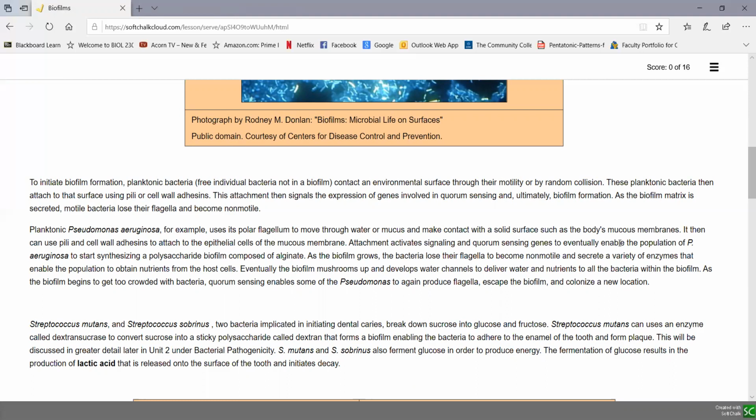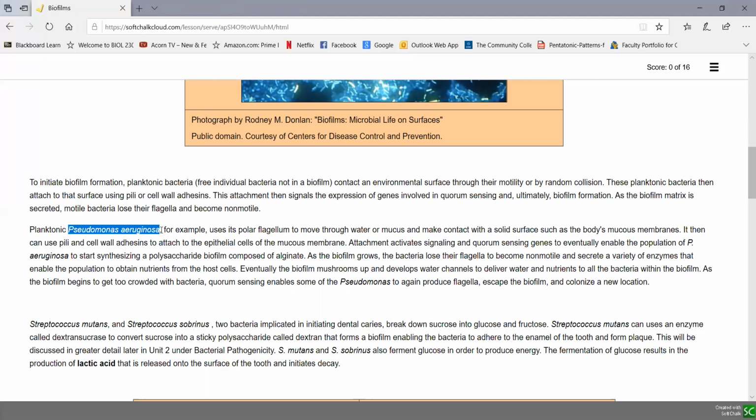Now we're going to learn more about the biofilm formation when we get to quorum sensing in Unit 2. And these couple paragraphs here talk about Pseudomonas aeruginosa, which we'll use as an example of a bacterium with quorum sensing later on. We're going to skip that section for now, other than mentioning the little bottom part of it.